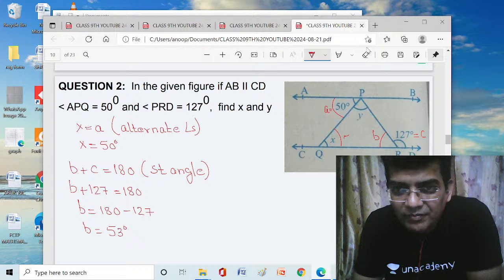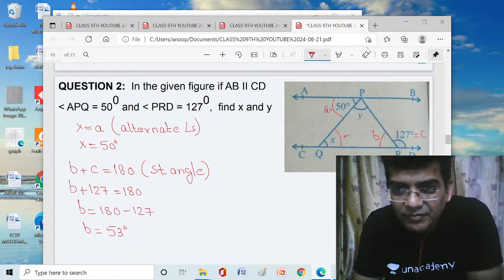So I can say y is equal to 180 minus 103. That will make it 77. So y is equal to 77. So this is how we can calculate y.